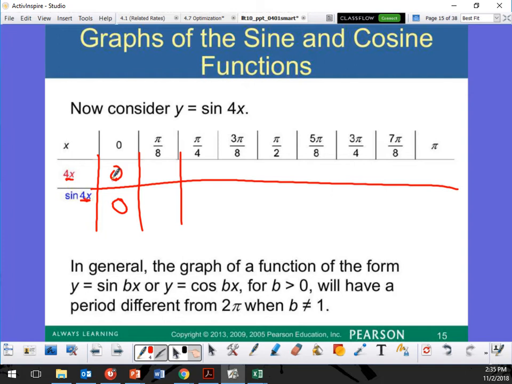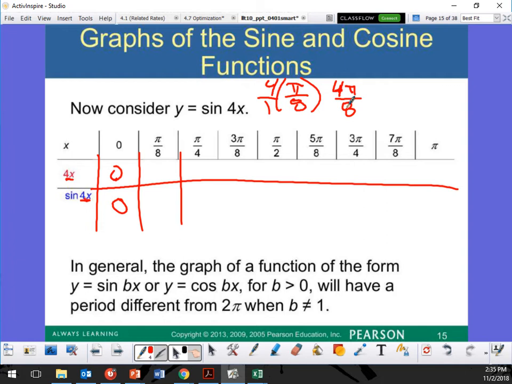Okay? So now let's look at the next one. What is 4 times pi over 8? Now in a fraction it looks like this. 4 is a whole number, so you put it over 1, right? So I multiply the fraction. That's going to be 4 pi over 8, right?